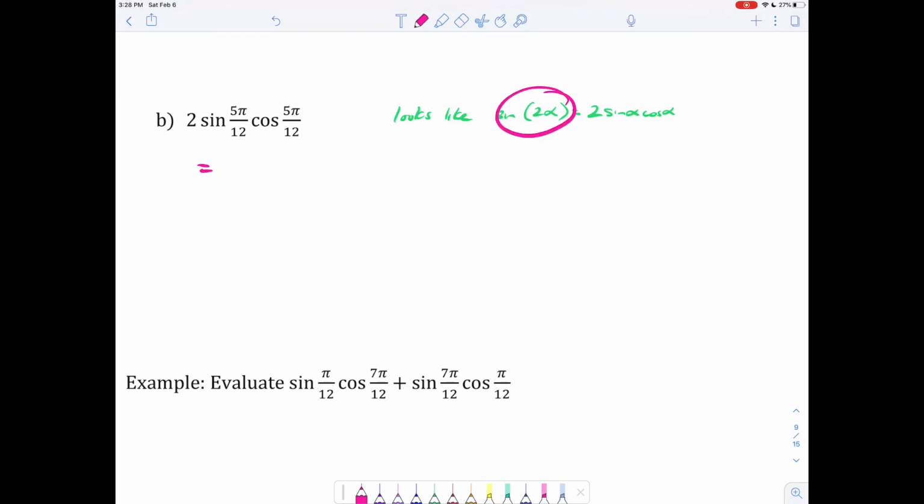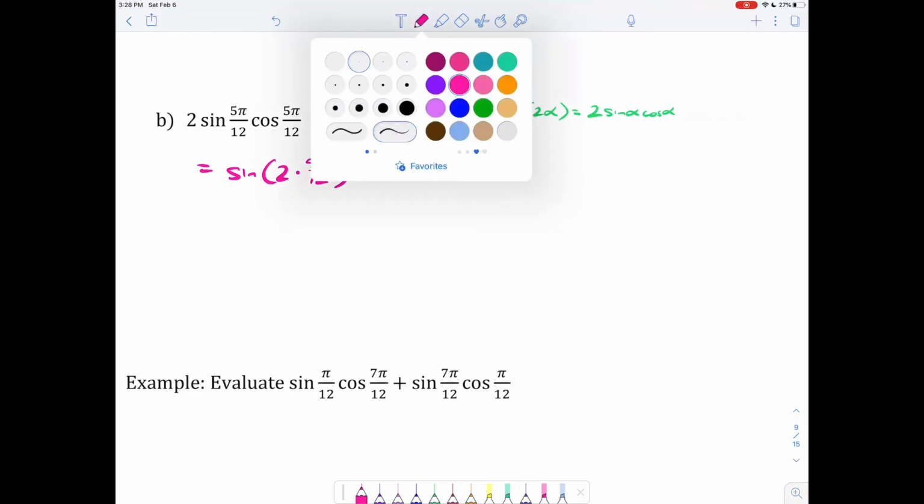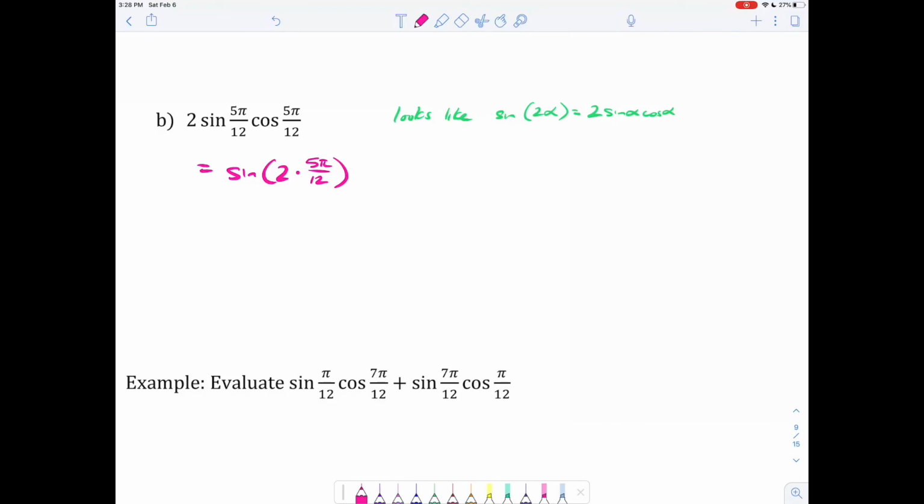Therefore, I have this, sine of 2 alpha. But not 2 alpha, I'm replacing those with 5 pi over 12. How interesting.